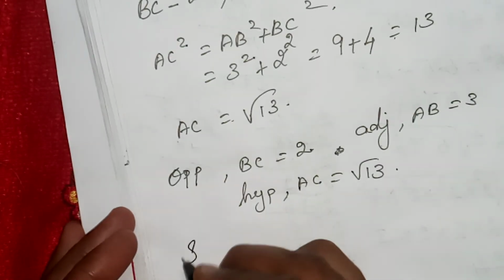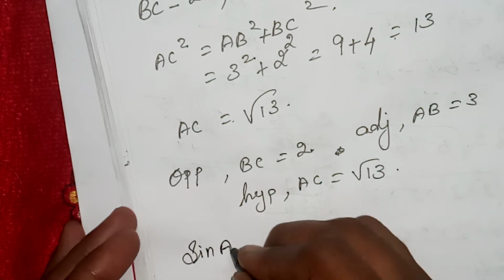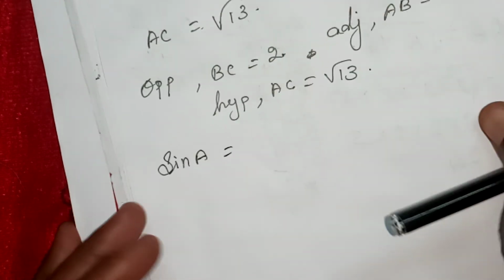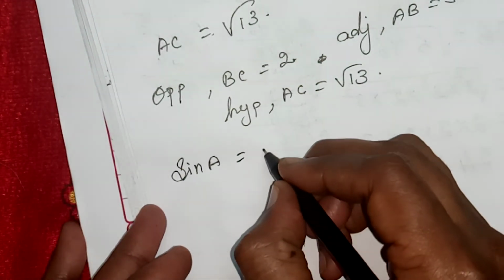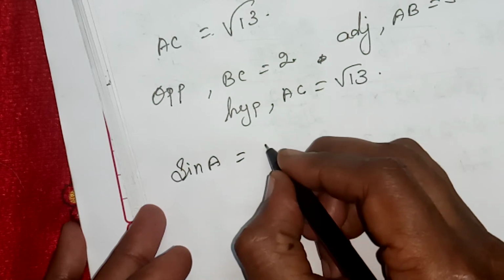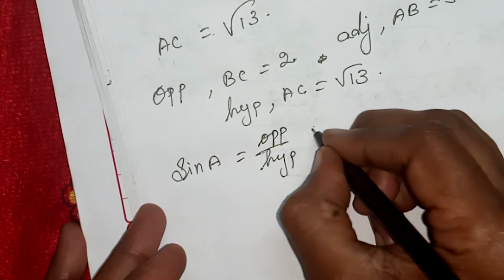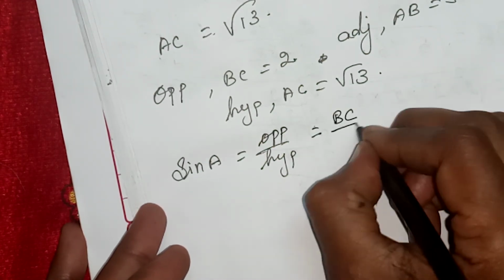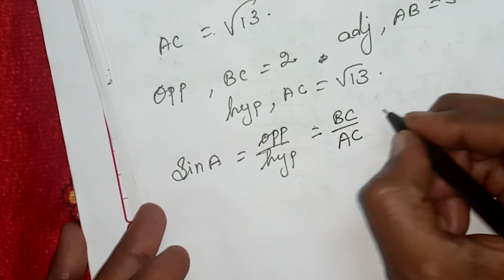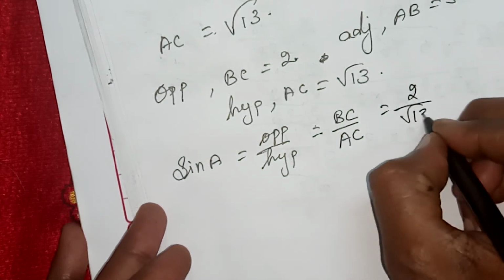What is sin theta? Theta is A, so we can write sin A. Sin A is opposite side by hypotenuse, equal to BC by AC, which is 2 by root 13.